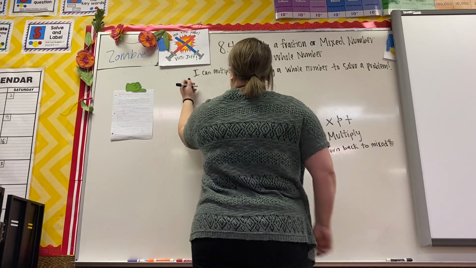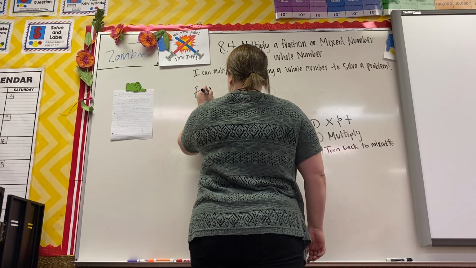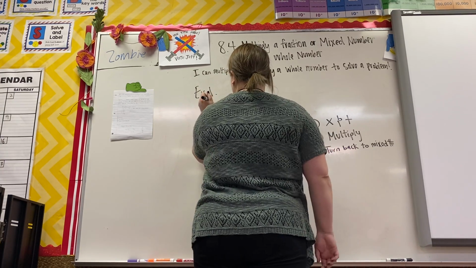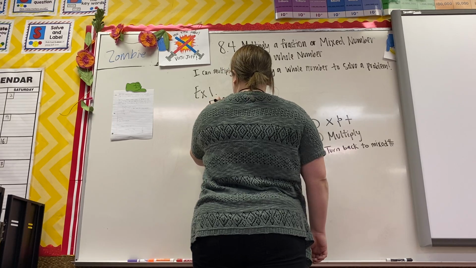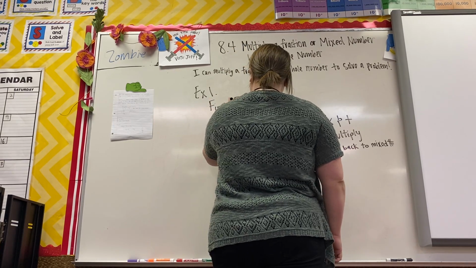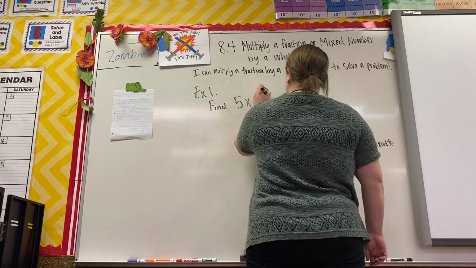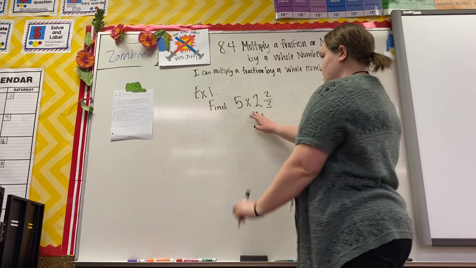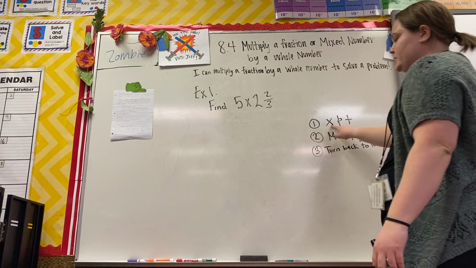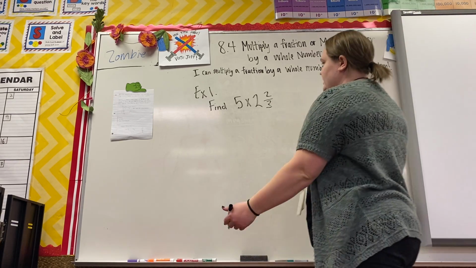All right, example number 1. We want to find 5 times 2 2/3. Okay, so first we need to times and add.